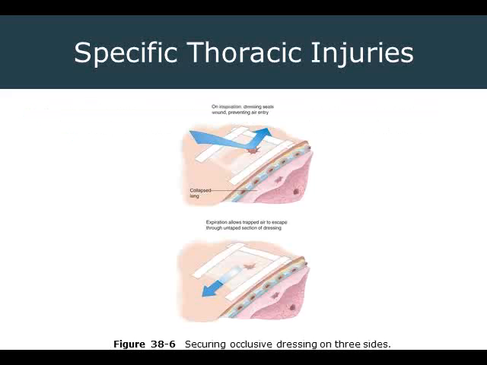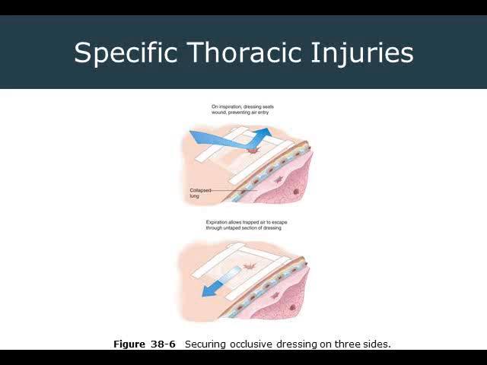This talks about occlusive dressing. Tape it on three sides, or there are other schools of thought that say you leave one corner untaped. Either way, just as long as we get it taped down so air cannot easily get in, but yet there's a way for air to escape as needed. There are also some things called chest seals. Asherman's chest seal is one that comes to mind.